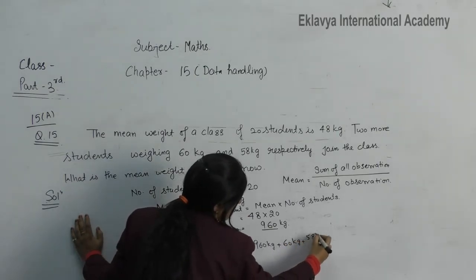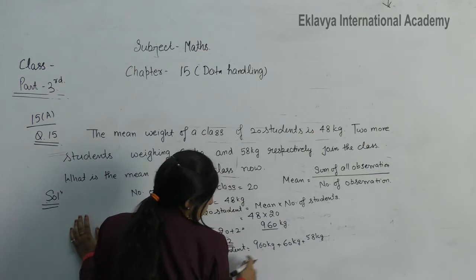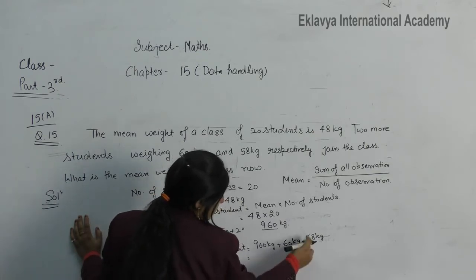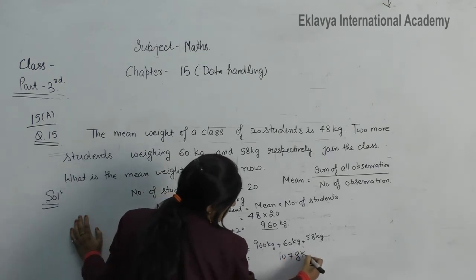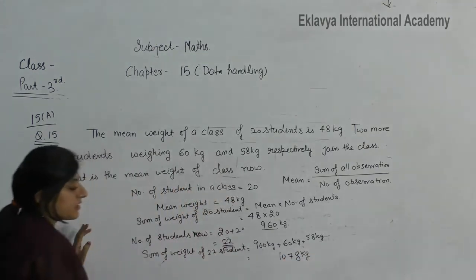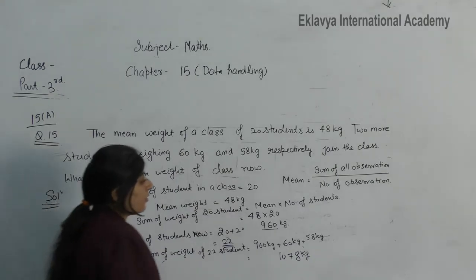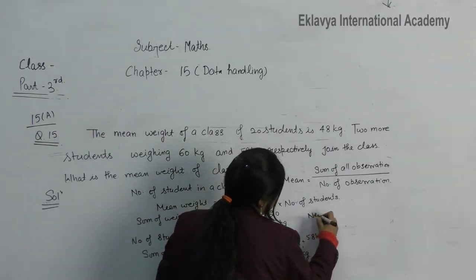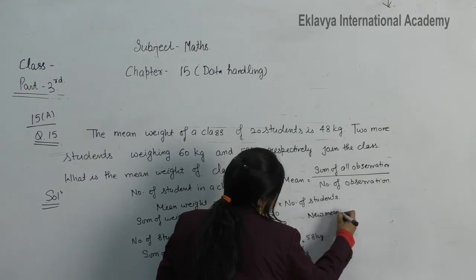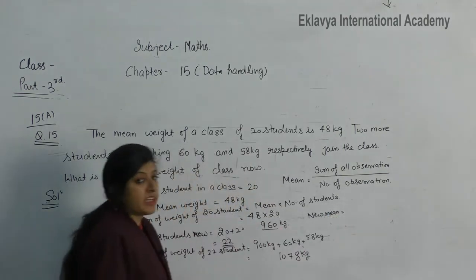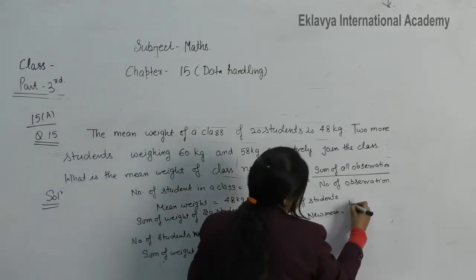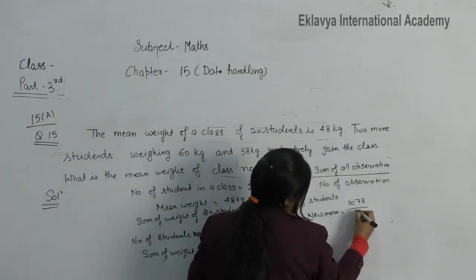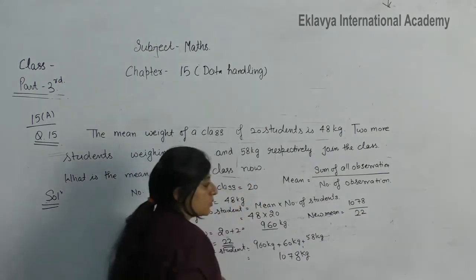Then it becomes 1078 kg. Now the new mean, the mean of the class now, because we are finding the mean for 22 students, is equal to sum divided by number of students.